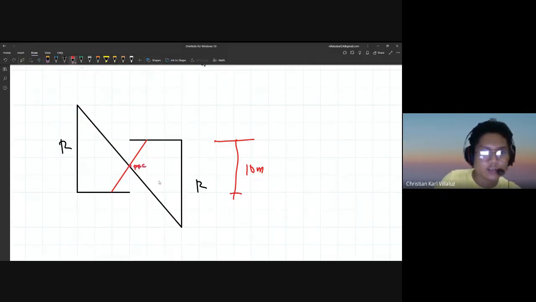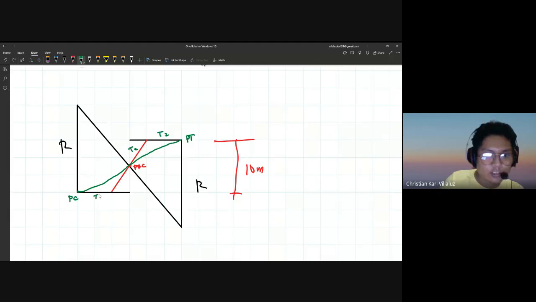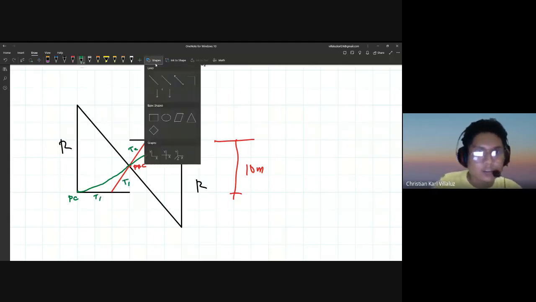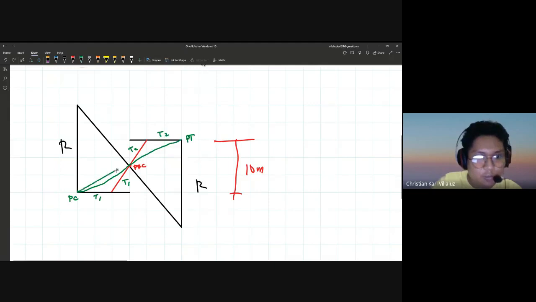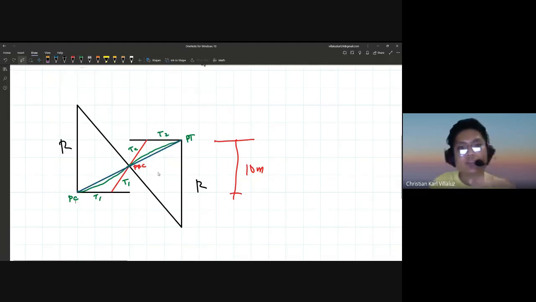PRC. Then, tsaka natin i-drawing yung curve. So, ito yung PC. Papunta doon. Then, papunta naman doon. Doon yung PT. So, ito, tangent 2, tangent 2, tangent 1, tangent 1. Ito, draw nyo naman yung chord. Draw lang a line from PC to PT. So, color blue.